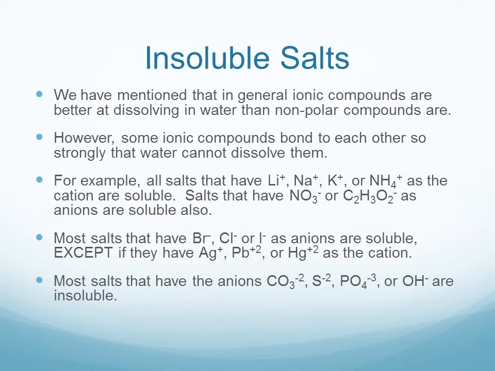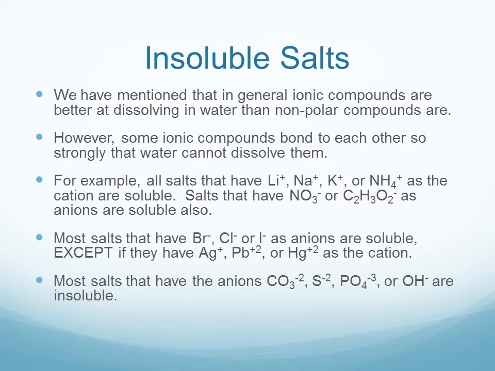All right, in our previous lecture, we were talking about ionic compounds and how they dissolve in water because water is a polar solvent and likes polar and ionic compounds. However, there are some ionic compounds that bind to each other so strongly that they don't dissociate when they are put into water, and so water does not dissolve them. There are a few examples in your textbook of ways to tell whether a salt is soluble or not.